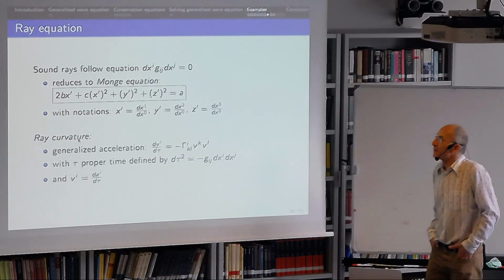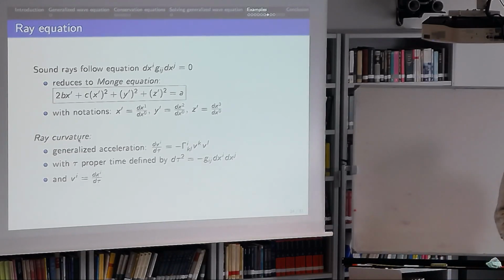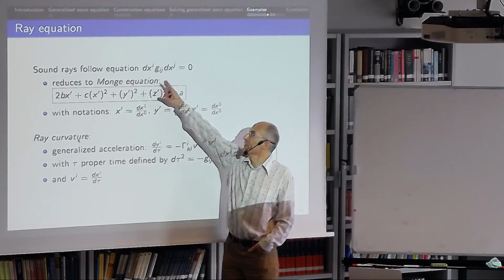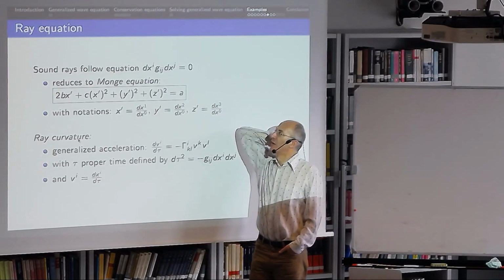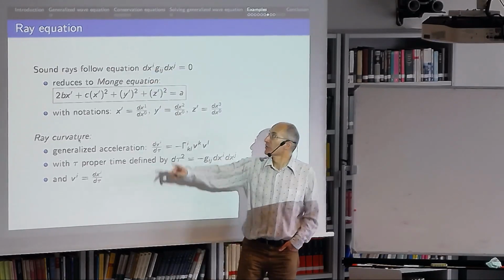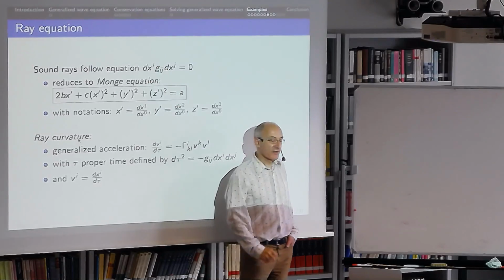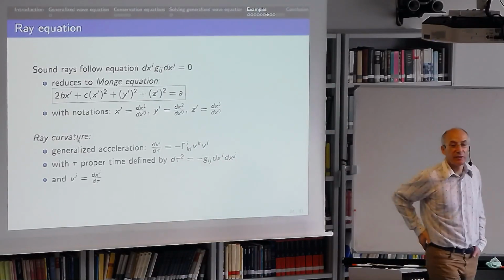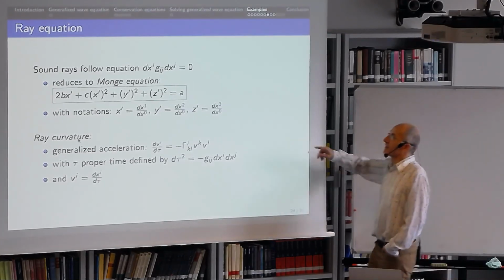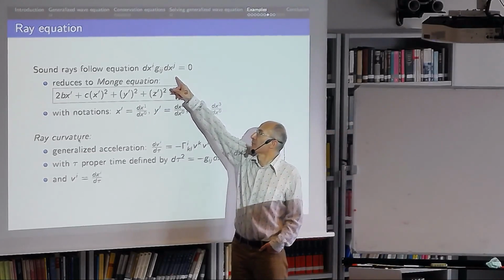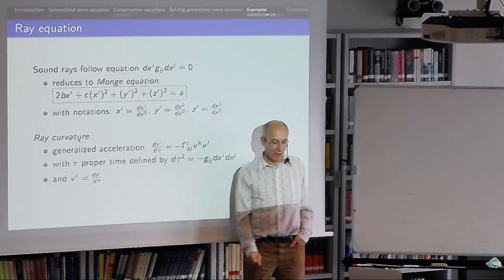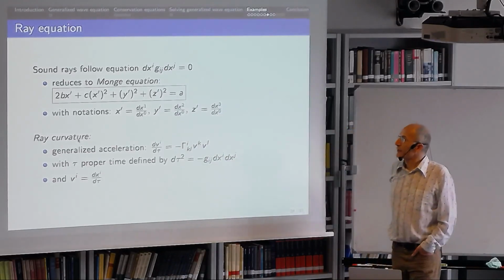What I was mentioning at the beginning: what is the ray equation here? If we apply traditional characteristic theory, we find that the ray equation is given by this equation, which is in a sense the dual equation to the wave equation, because instead of having contravariant elements, here we have covariant elements, so we have to use the inverse matrix here.